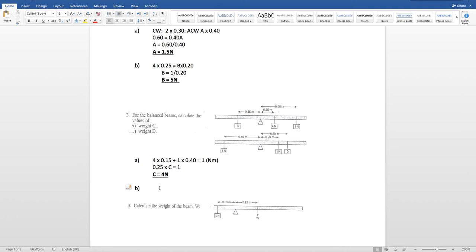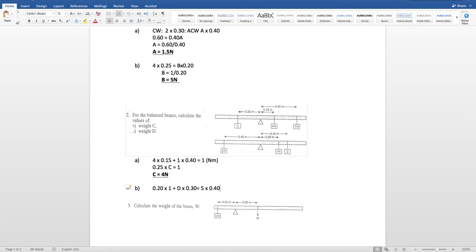Then we're looking for D. Well, we've got 0.20 there times 1. We've also got D times 0.30. And that's going to equal the anticlockwise 5 times 0.40.